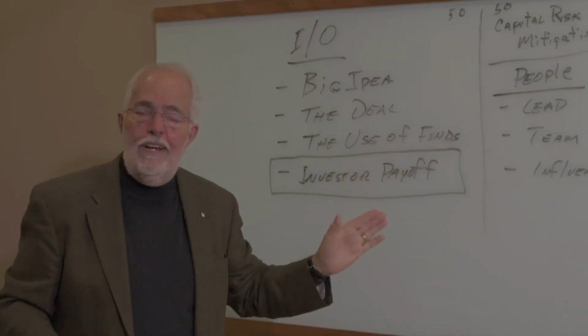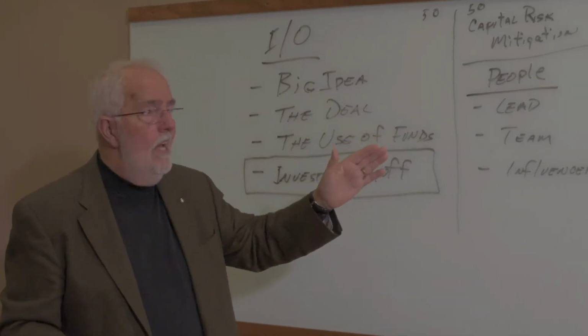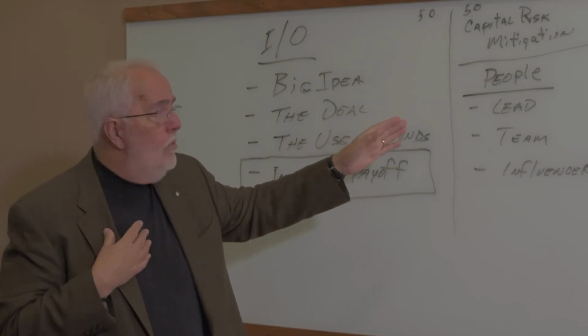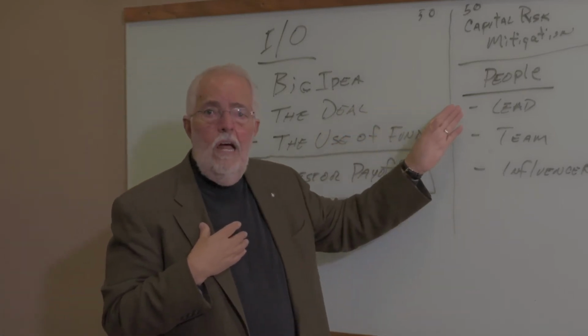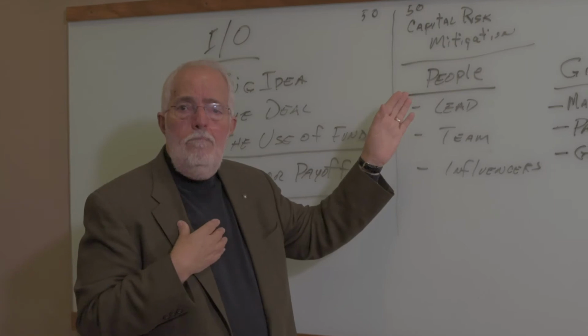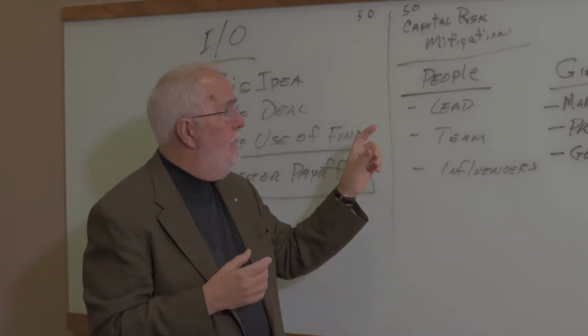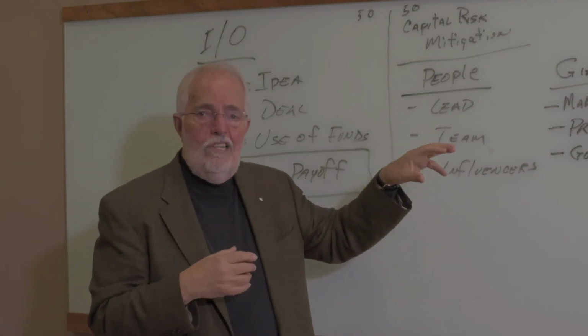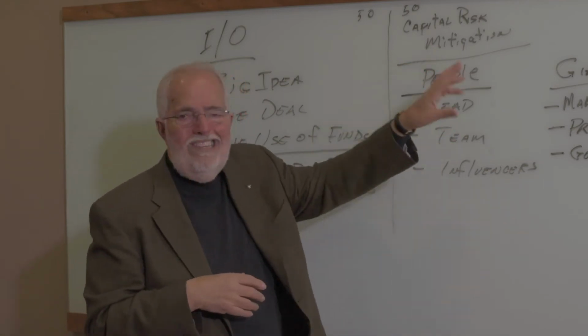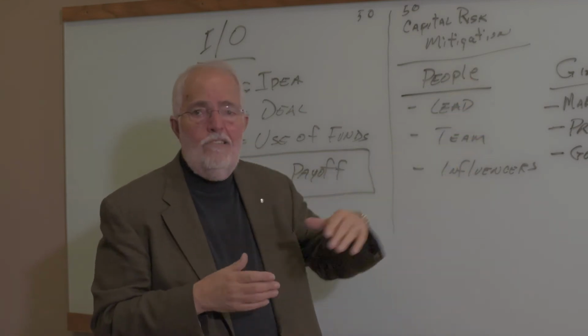But along with every opportunity comes a bunch of risks. So I need to understand, what have you already accomplished that is going to mitigate my risk? Well, I look at that in basically 3 major sections. One is people, the other is gizmo or product, and the last is practices.